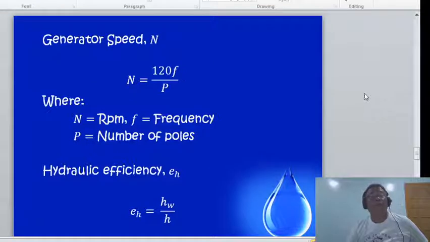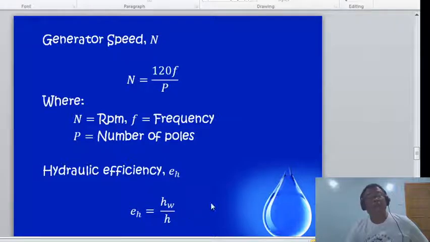Another is the synchronous speed, where N equals 120 f, the frequency, divided by the number of poles. And the hydraulic efficiency is the hydraulic work over the net head.